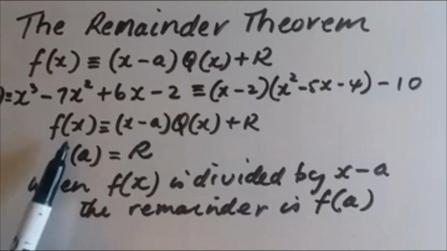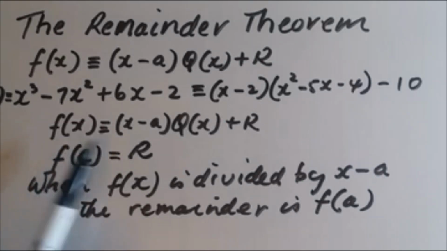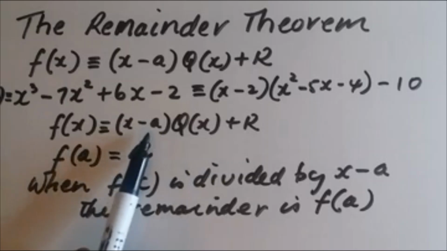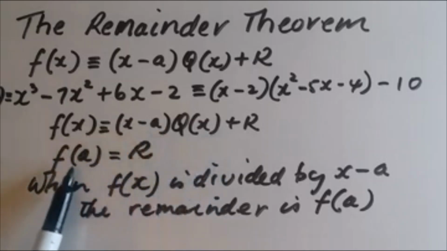Here we found f of a, that's substituting a for x, and that sends all of this to 0, and we just know that now f of a is actually r. And this is the formal statement of the remainder theorem, is when f of x is divided by x minus a, the remainder is f of a.